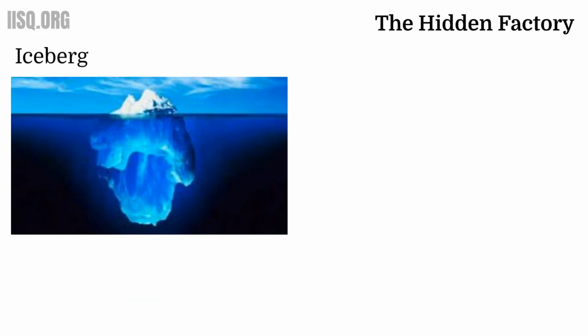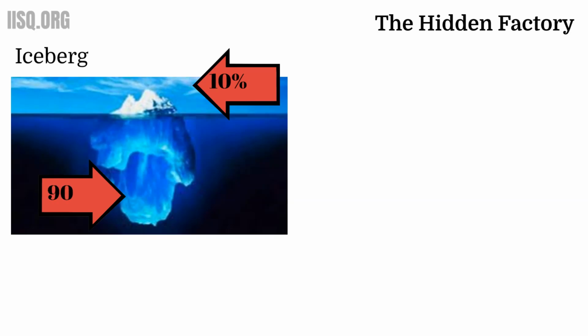Take the example of an iceberg. Only 10% of the iceberg is visible above the ocean surface. The remaining 90% is hidden below the ocean surface. This 90% has the potential to sink even a big ship, like Titanic.